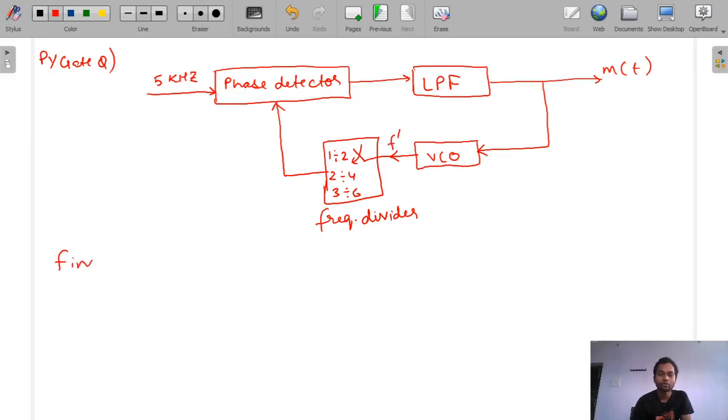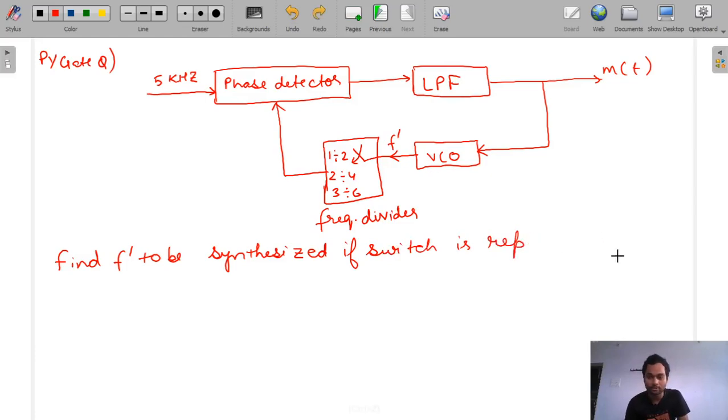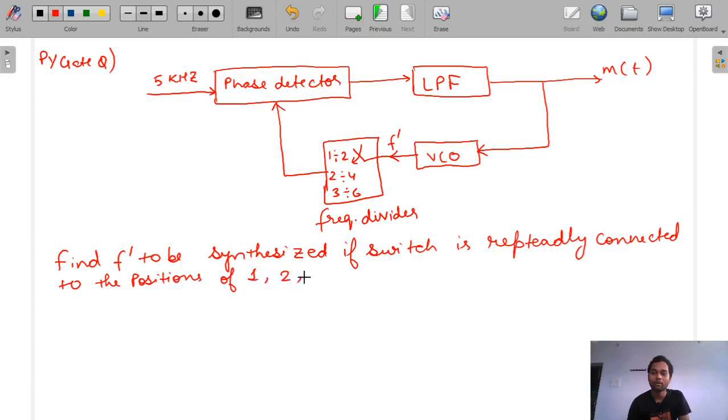Find F dash to be synthesized if the switch is repeatedly connected to the positions of 1, 2 and 3 respectively.